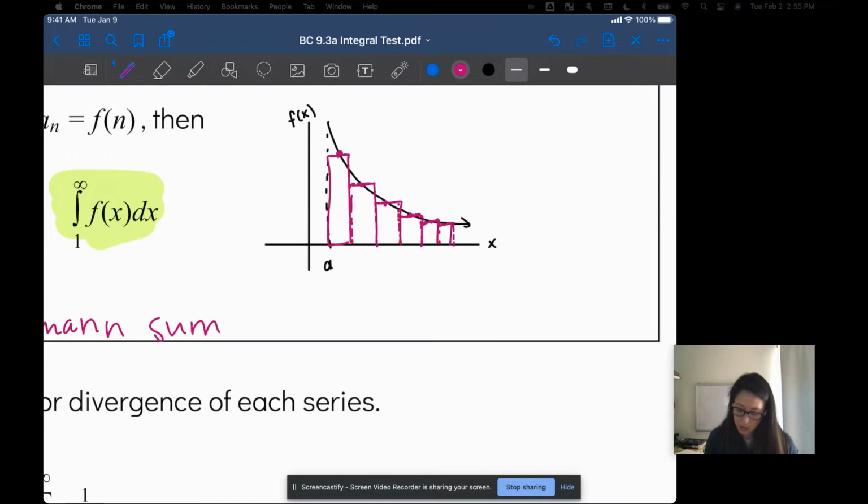So I know if the black curve here diverges, then the Riemann sum, the summation or the series, diverges. So if the integral diverges, the sum diverges. If the integral converges, then the series or the sum converges.